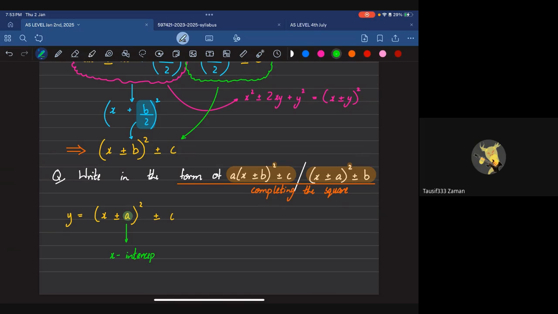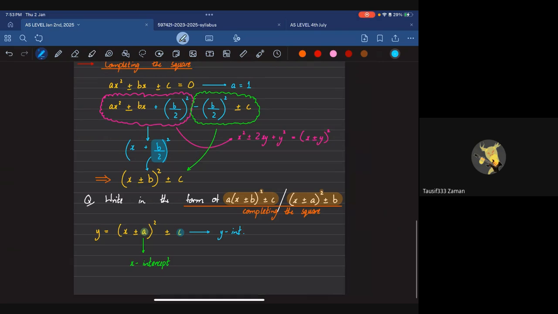And obviously the c outside is going to tell me the y-intercept of the equation. How is that going to take place? In order to know that completely, I'm going to cheat. And how will I cheat?